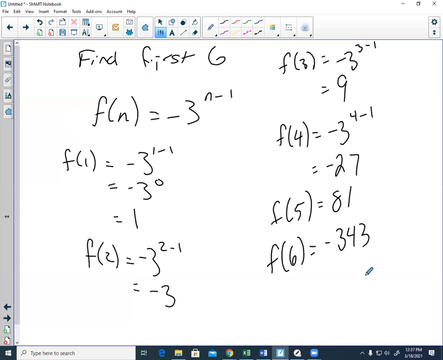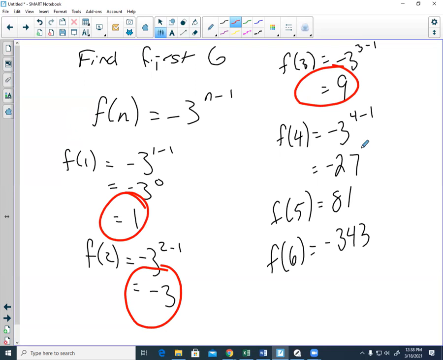Now, what I want you to notice right now is that a lot of people really struggle with this exact concept right here. This is a concept that I want you to make a note of. Notice what's happening with every single one of my term numbers. As I look at my new terms, disregarding completely what the values of these numbers are, what do you notice about everything that's circled in red as we go from least to greatest?